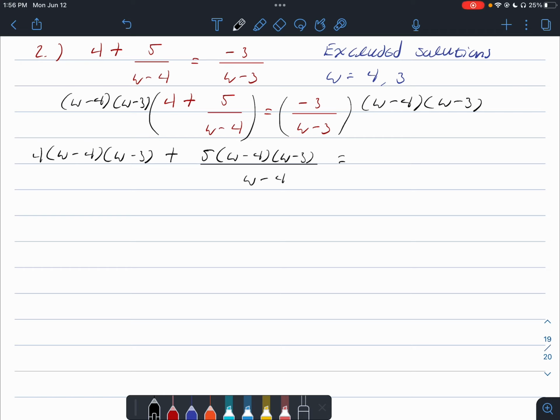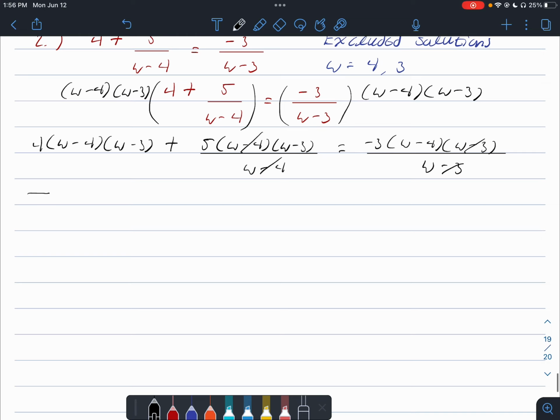On the right-hand side here, we'll have negative 3 times w minus 4 times w minus 3. Okay, and this will be over w minus 3. So these two w minus 4s will cancel, and these two w minus 3s will cancel.